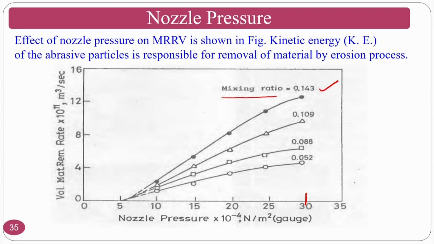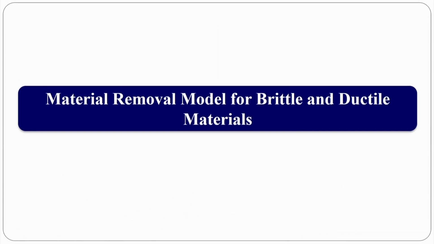That means the abrasive particles will hit with high velocity, so the material removal will take place. The kinetic energy of the abrasive particle is responsible for material removal. So, if your nozzle pressure is very high, the kinetic energy of the abrasive particle will be very high and the material removal rate will increase.